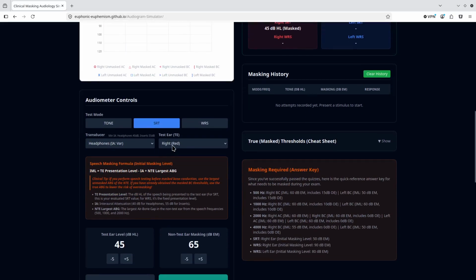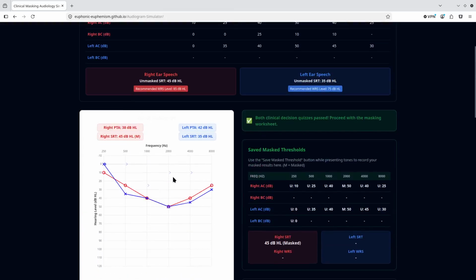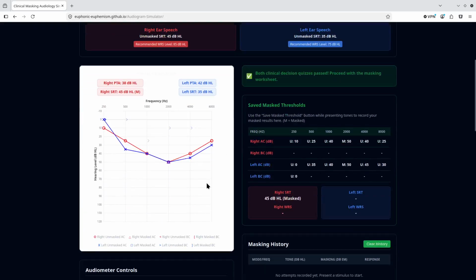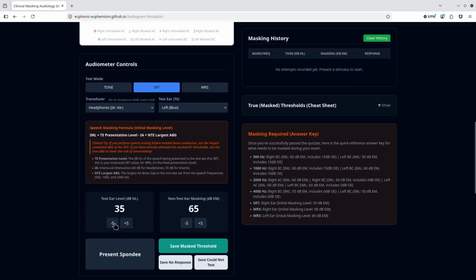Now we're going to go to the left ear. We're starting at 35 dB, because that was our unmasked threshold in the left ear. And for our masker level, we need to start at presentation level, 35, minus intraoral attenuation, which is 40.